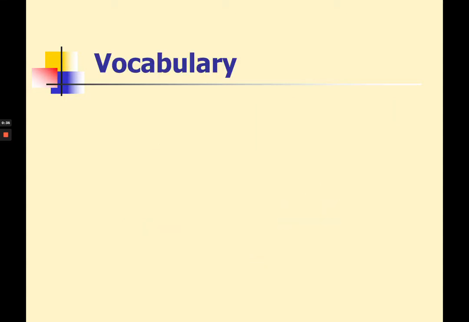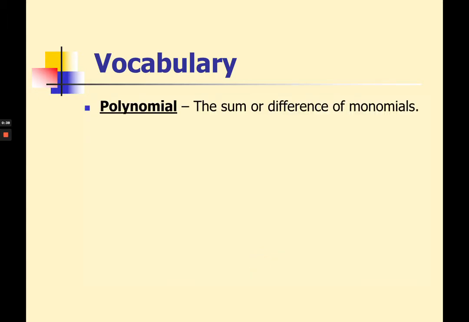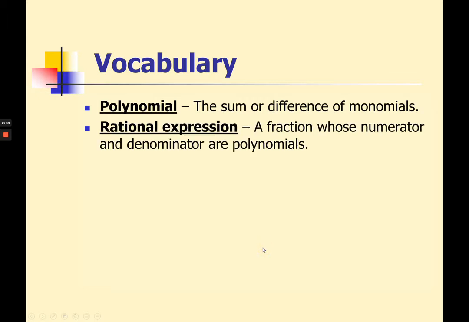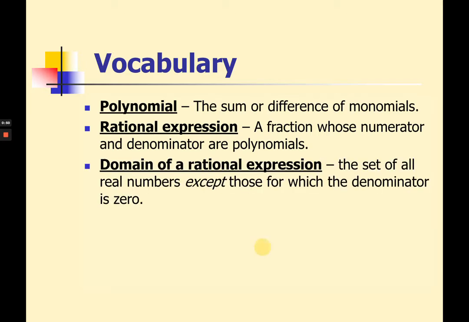Before we begin, let's review some terms. Polynomial: it is the sum or difference of monomials. Rational expression: a fraction whose numerator and denominator are polynomials. Domain of a rational expression: the set of all real numbers except those for which the denominator is 0.